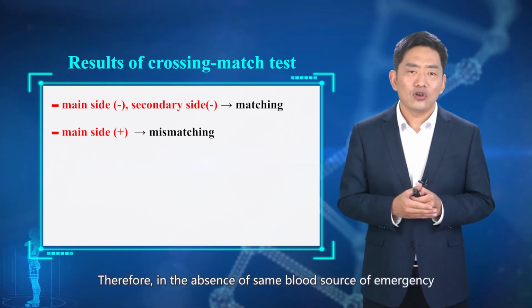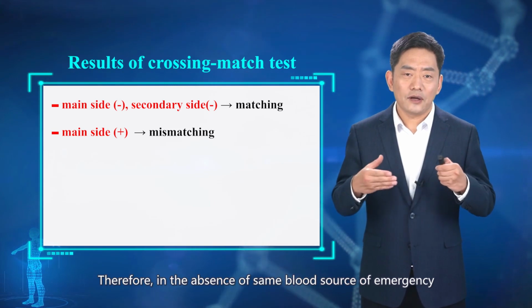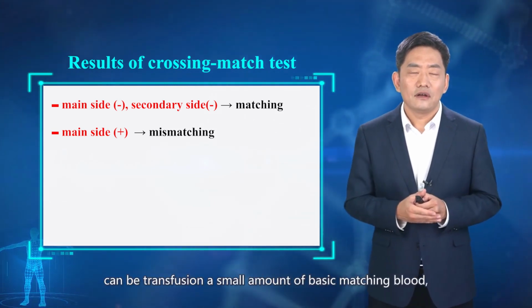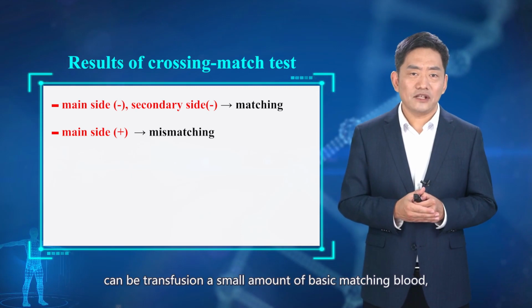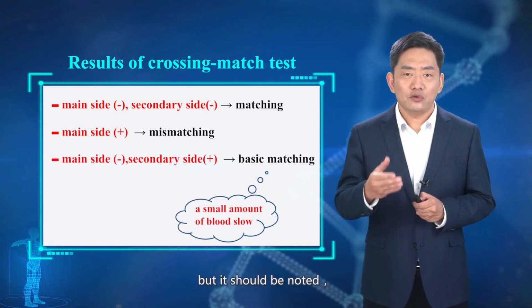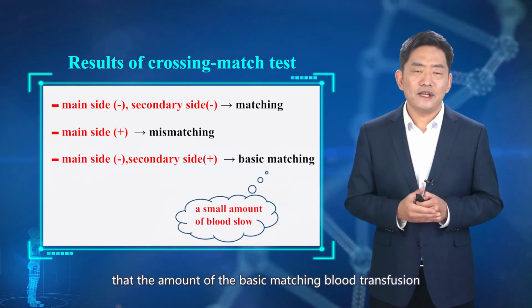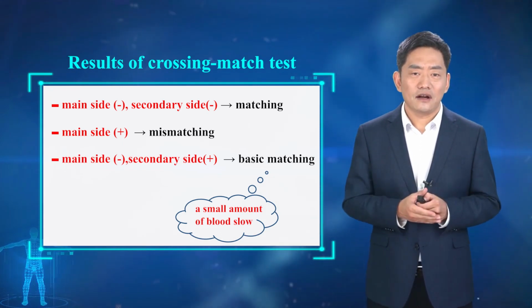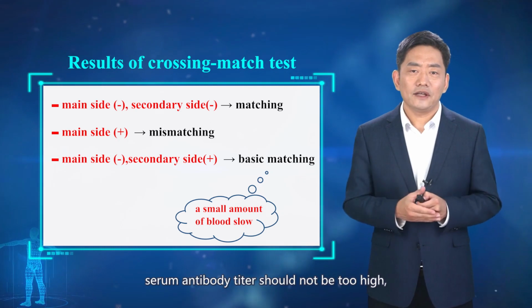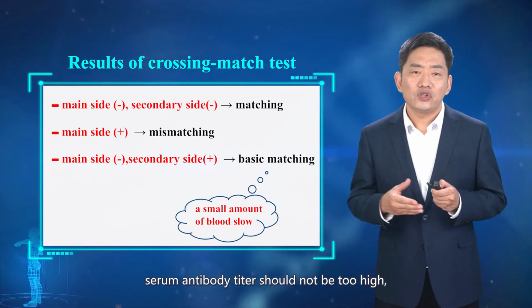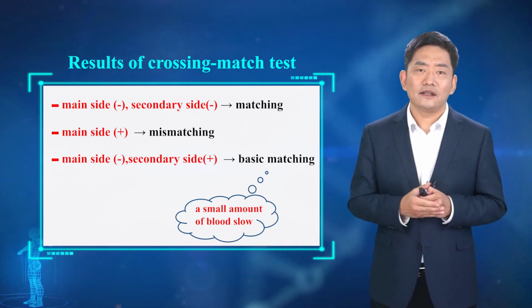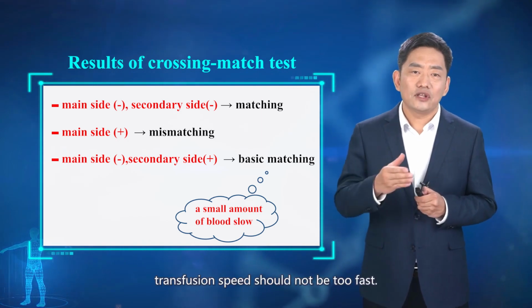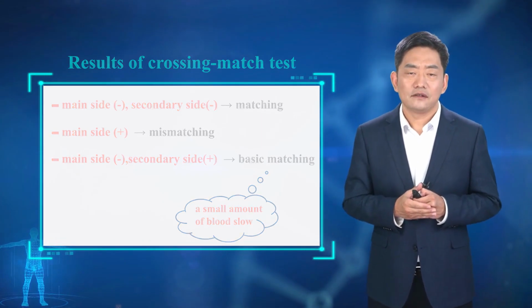Therefore, in an emergency without the same blood group, a small amount of basically matching blood can be transfused. But it should be noted that the amount should be less than 200 milliliters, the serum antibody titer should not be too high, and the transfusion speed should not be too fast.